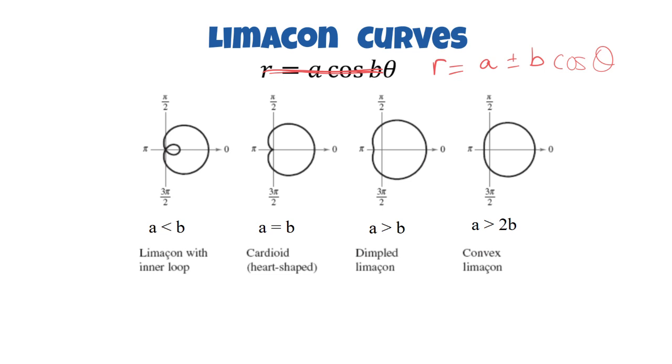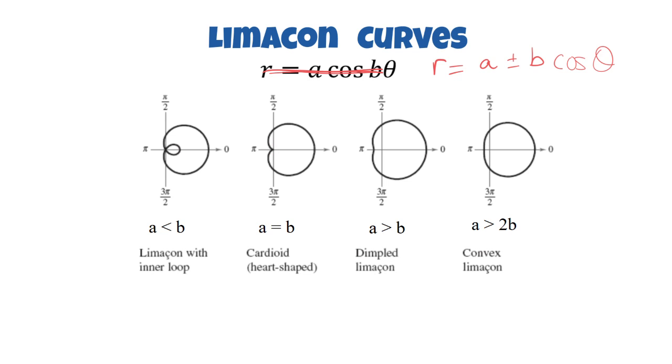But as A grew and A and B became the same, if A was equal to B, that little loop disappeared and it just came to a point right there, which should sort of make sense because remember, to get the little loop, you had to subtract the A and the B. And if they were equal, you'd subtract them and you'd get a 0. So that's why your little loop is 0 right there.